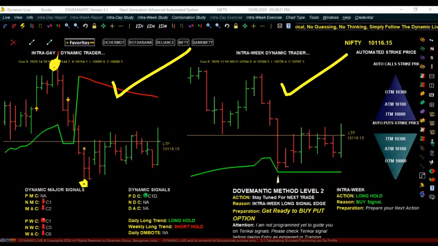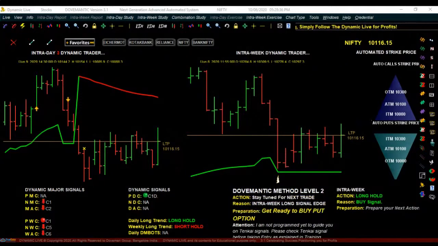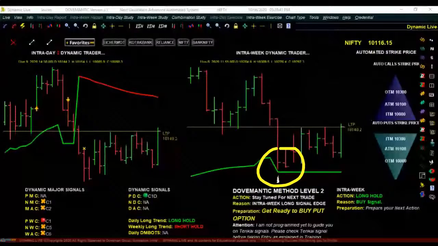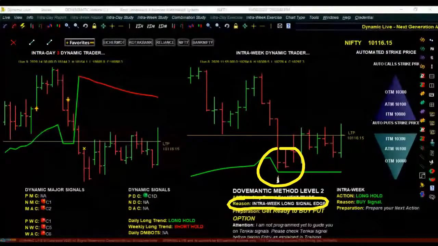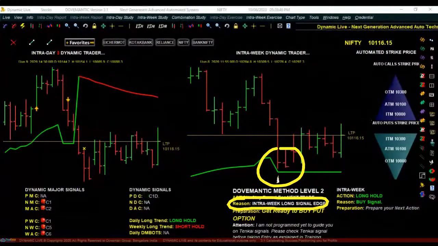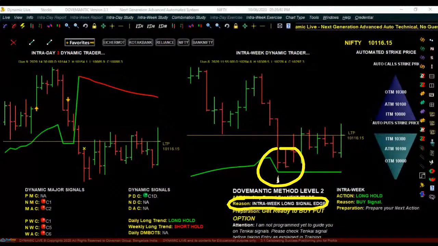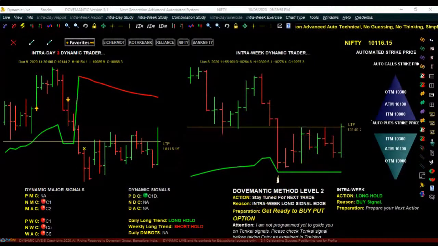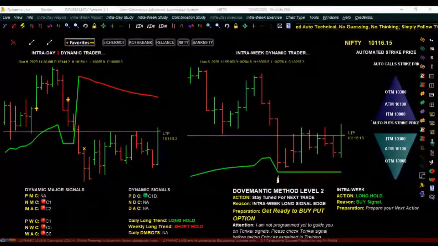Very clearly it will be mentioned as ID3 zigzag or intra-week zigzag. Similarly, if it reaches any edge point, you can see in the reason it is clearly written as intra-week long signal edge point. All those things will be clearly mentioned in the reason. That is why I told you your job has been made very easy, provided you check the reason at those points in time. That will be good enough.